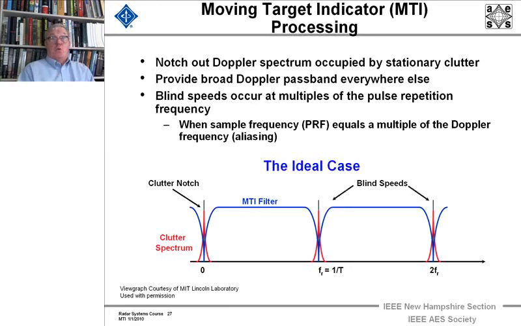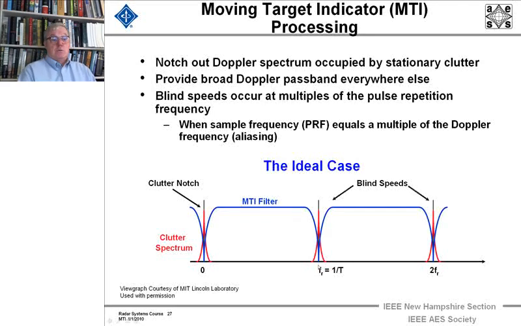That amplitude modulation will result in the frequency spectrum of that non-moving clutter having a spread, which has to be taken into account when we start looking at suppressing clutter 4, 5, 6, 7, 8 orders of magnitude, 80 dB for the engineers, physicists by training. So what we want to do, to go back to the original theme, is to notch out the Doppler spectrum occupied by stationary clutter. Provide a broad Doppler passband everywhere else we can.